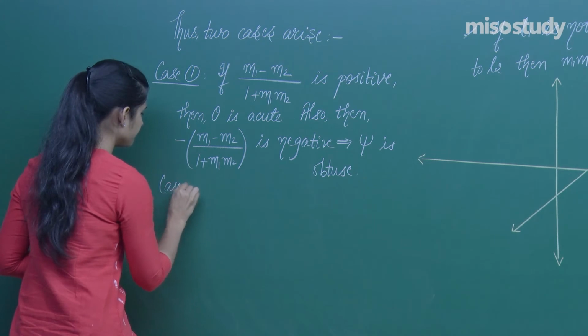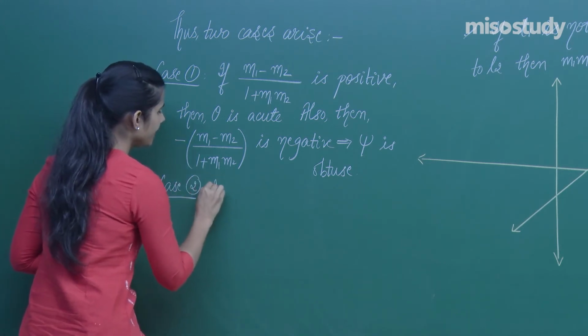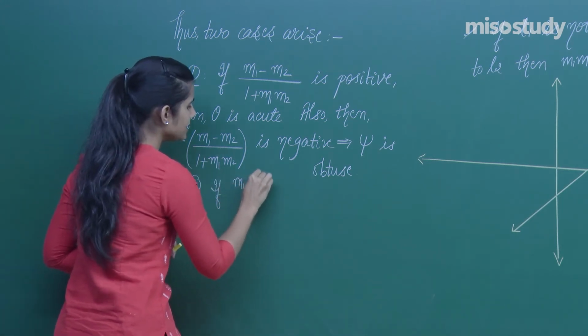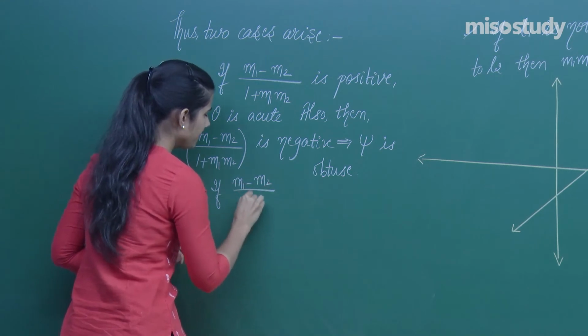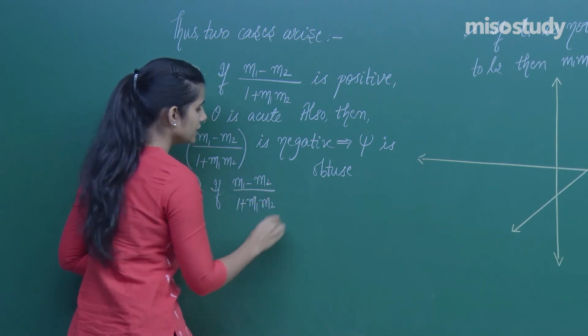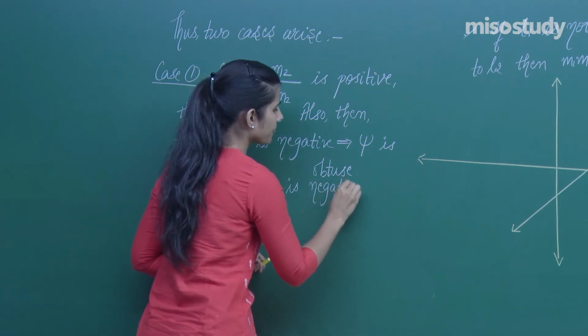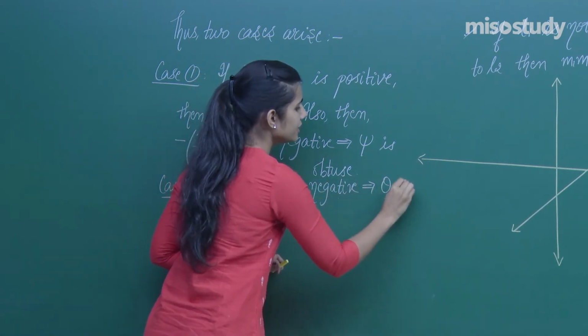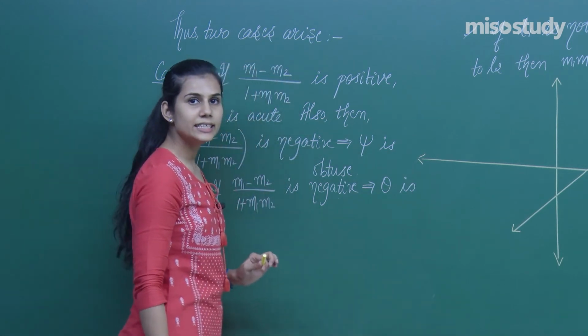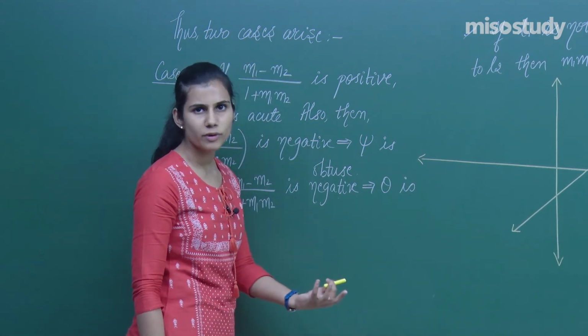Case 2. If m1 minus m2 upon 1 plus m1 m2 is negative, suppose it comes out to be a negative real number, this implies tan theta is negative and theta is the angle which is going to lie from 0 to 180 only.